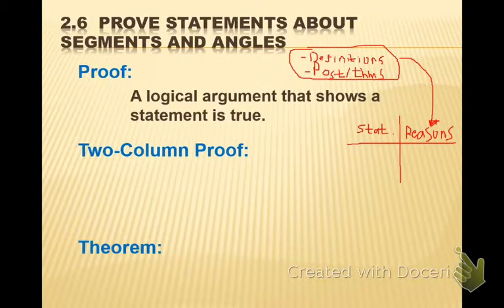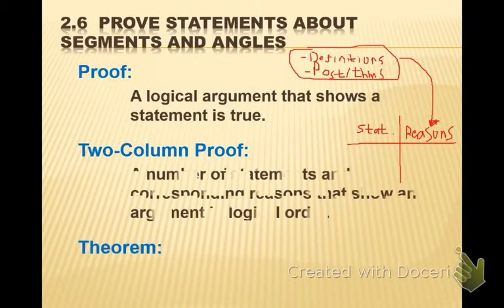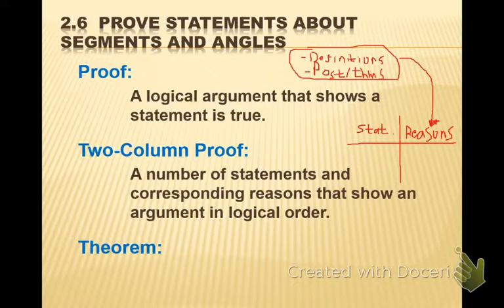We ought to add in there properties that we've talked about along the way. Okay? And so a number of statements and corresponding reasons that show an argument in logical and sequential order. Okay? There are going to be times where I tell you that, oh, you had to say this statement before this other one. You're going to get all salty and mad at me, and that's okay.